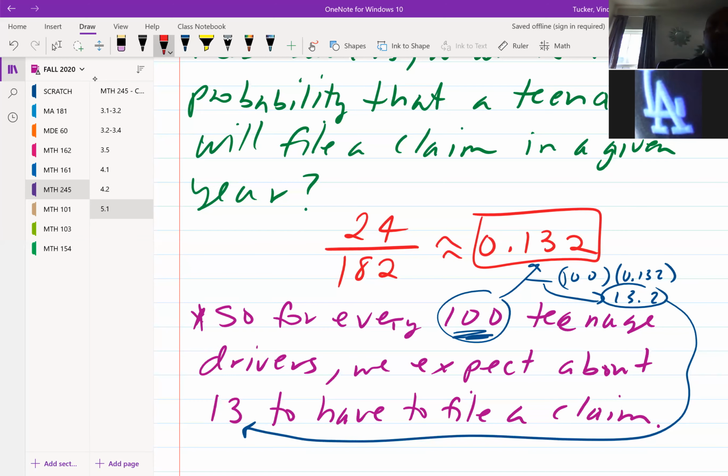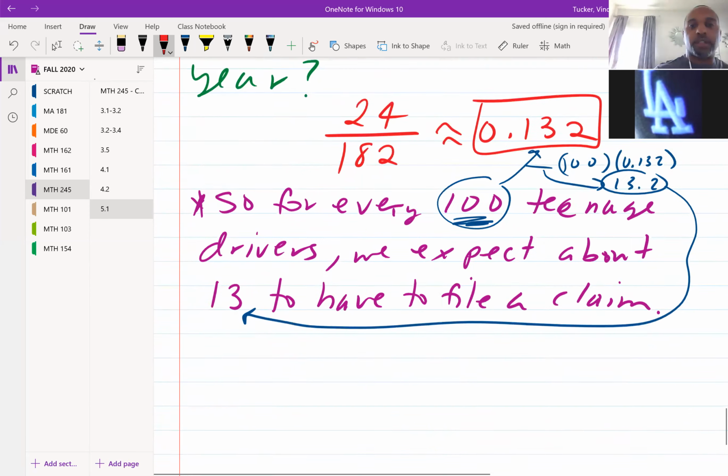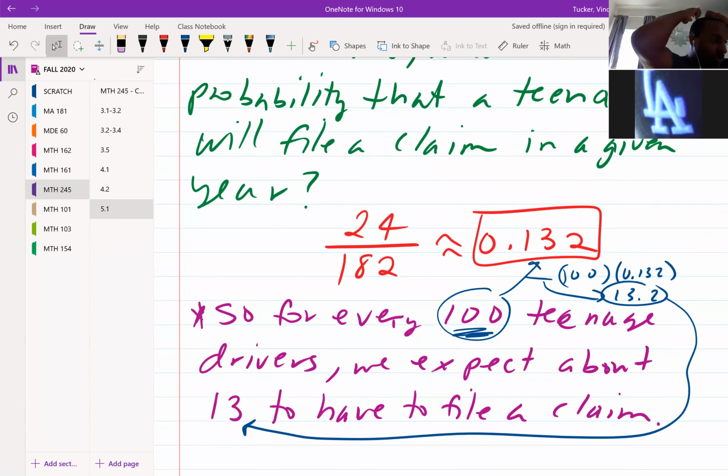All right. So going back to this style, the empirical rule, all you do is put the frequency of your event over the number of trials.